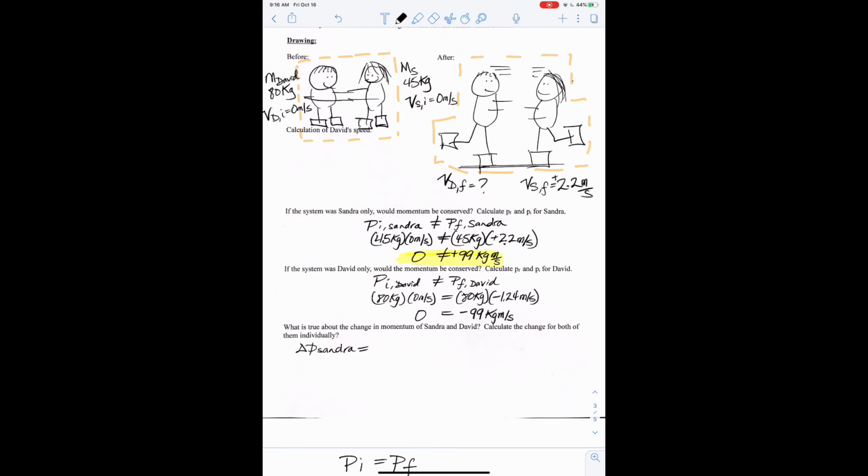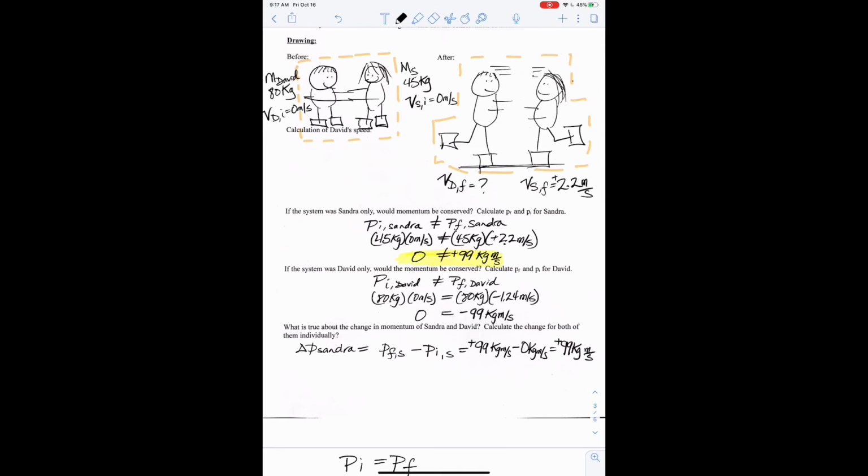So we can look at change in Sandra's momentum. We'll say PF Sandra minus PI Sandra is equal to positive 99 kg meters per second minus 0, which is just going to be positive 99.